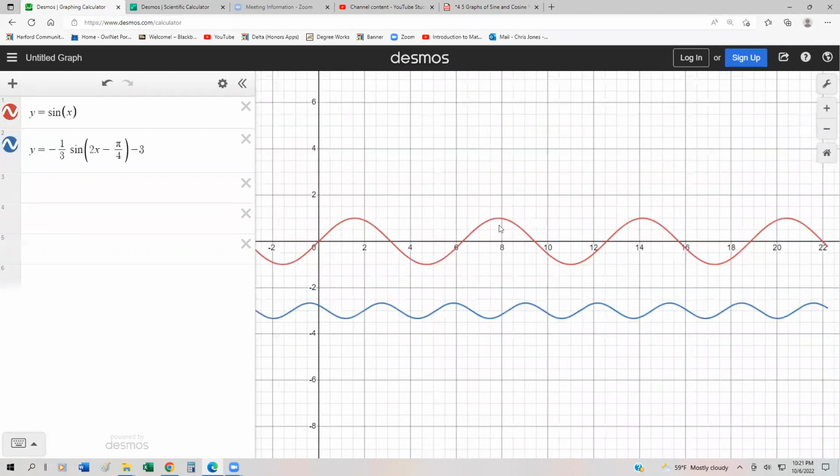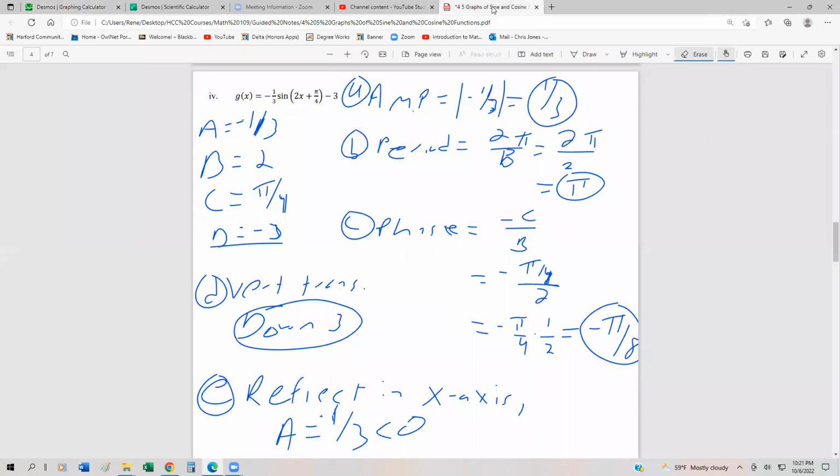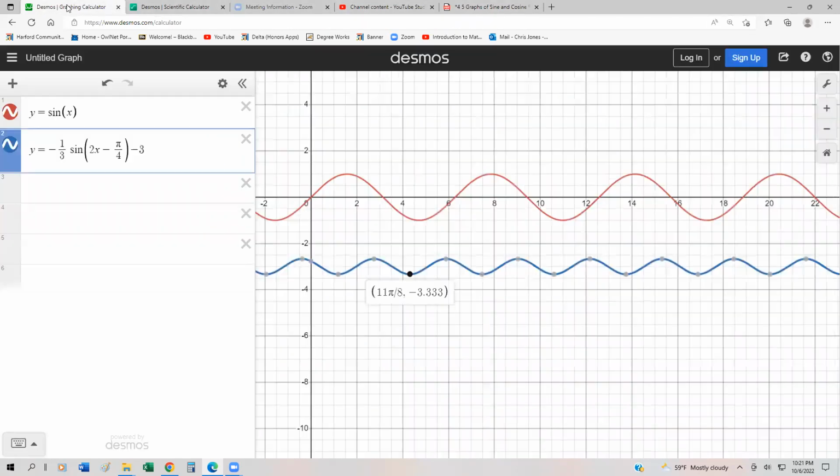Number one, notice that the amplitude is not high at all, and we also shifted down 3 units, so notice it's been translated down. The period, remember we said the period of this function was pi, so it actually goes through a period pretty quickly. It goes down and up and down and up. So the period is pretty quick for this function.